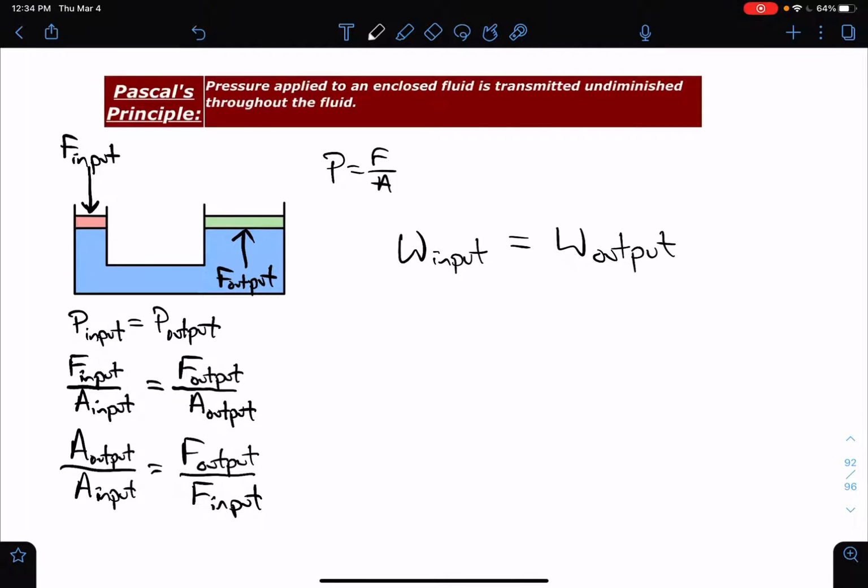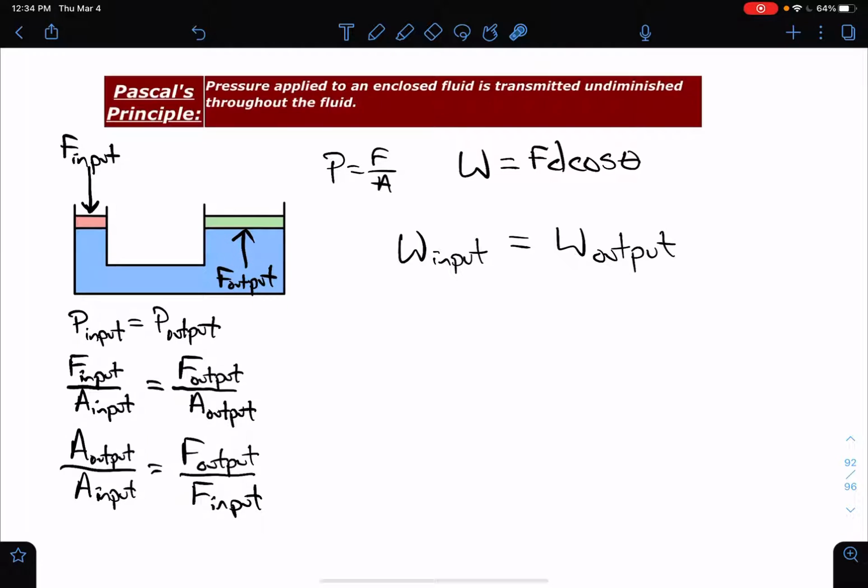And we know how to calculate work. Work is F d cosine of theta. Remember, theta is the angle between the force and the motion. Well, here I'm pushing the piston down. The piston's going to go down, in other words, in the same direction as the input force. So theta is going to be 0, and the cosine of 0 is 1. And that'll be the case here, that the force and the motion are in the same direction, and here, because this is going to go up.